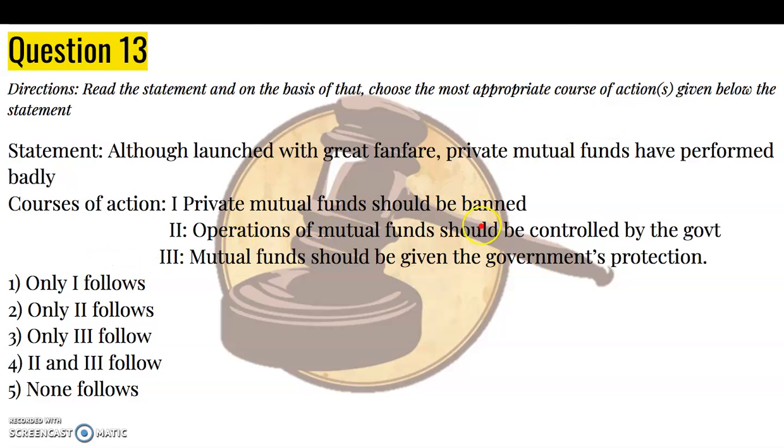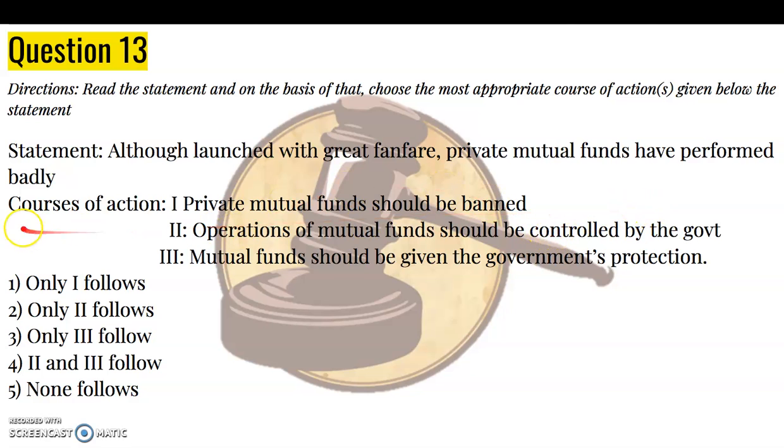Operations of mutual funds should be controlled by the government. Why, how will that ensure the success of private mutual funds? Because we already know that government ruins even those things that are running well.